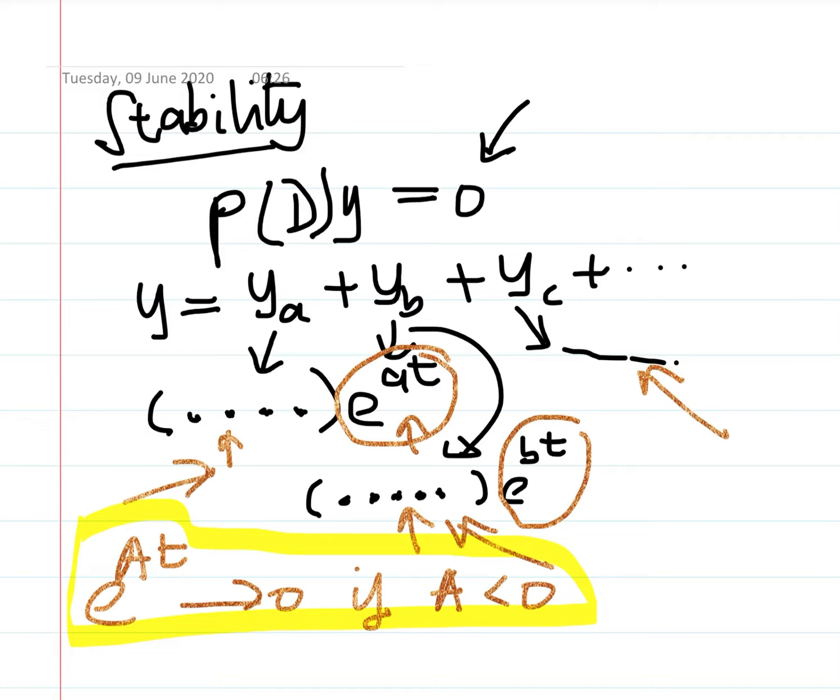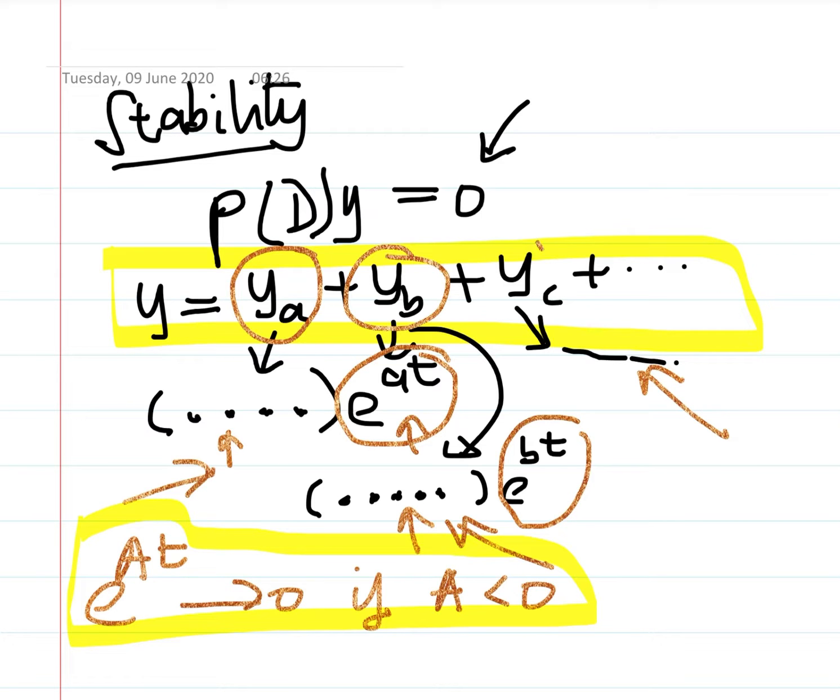What that means is, for the solution as a whole, the whole solution of the homogeneous part, for that to go to 0, each individual part, this part, that part, and that part, etc., would have to go to 0.